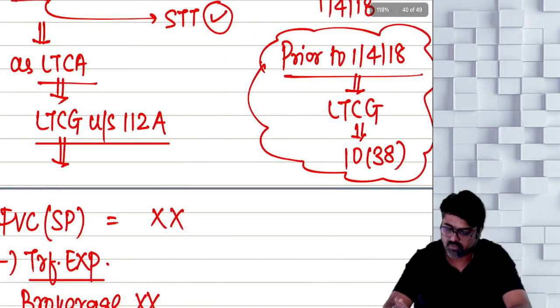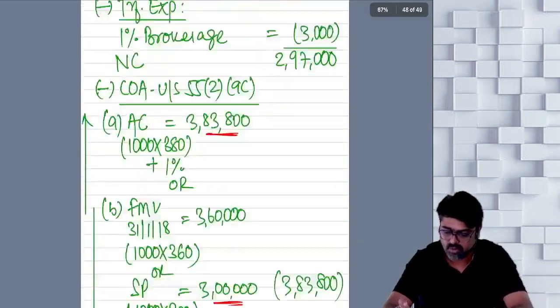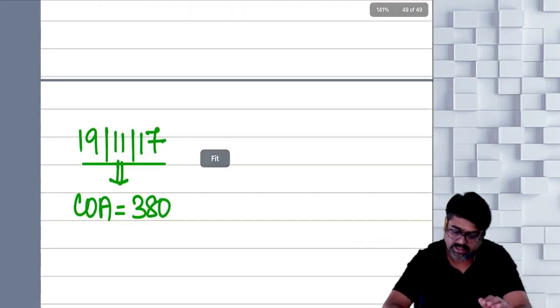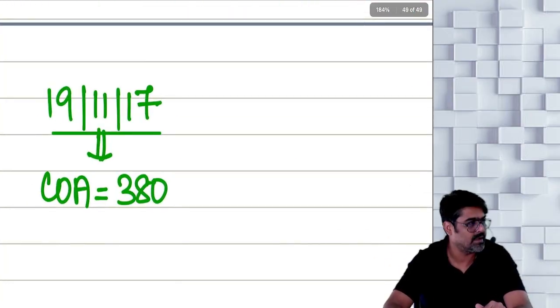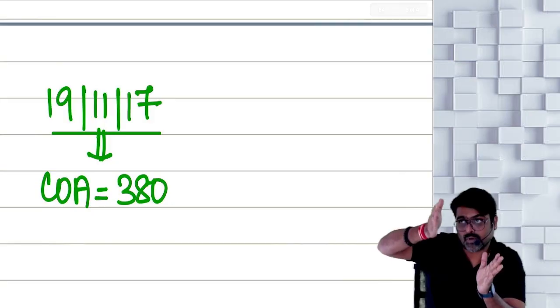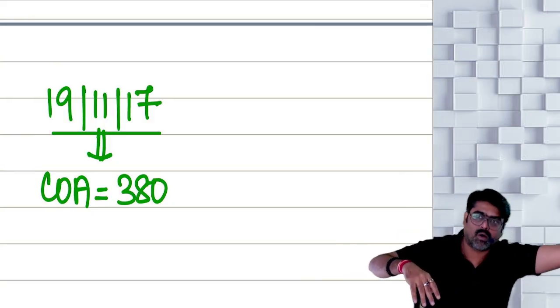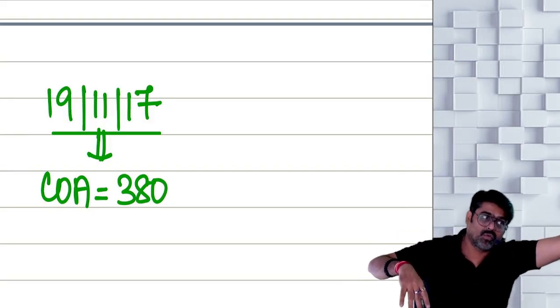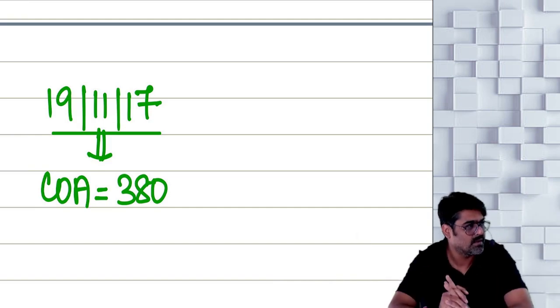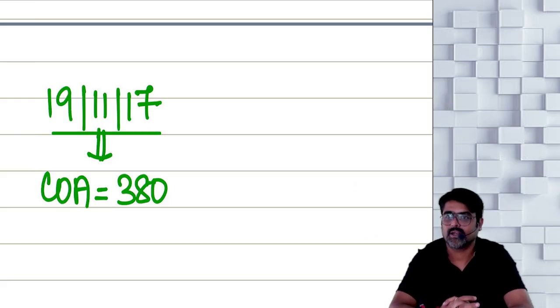So at the time when you bought the shares on 19th of November 2017, meaning prior to 1st April 2018, you are under an impression that I will hold these shares for more than 12 months. The capital gain will arise, will be my long-term gain, and it will be exempt under section 10(38).